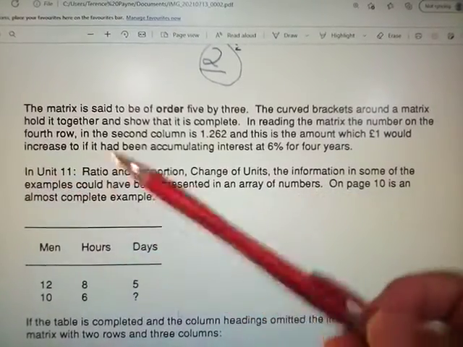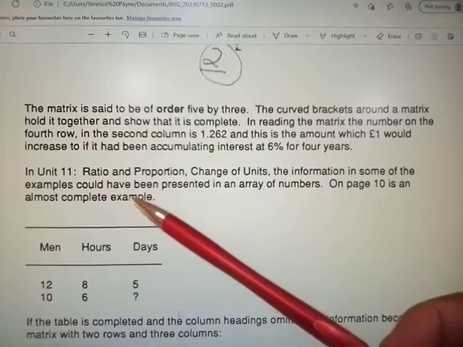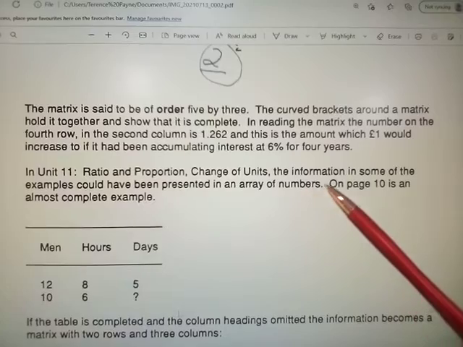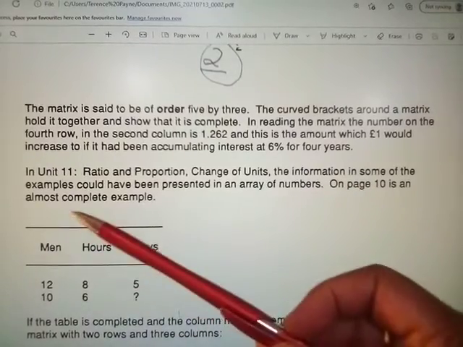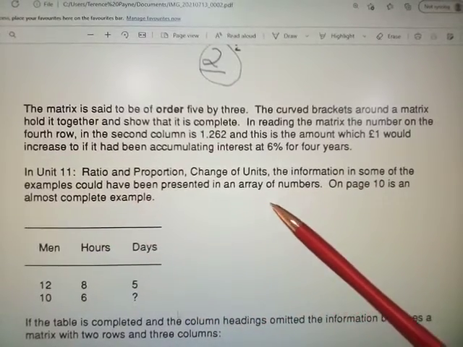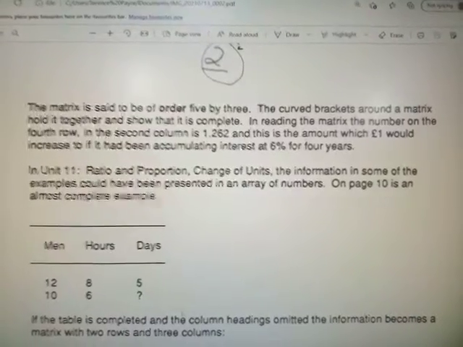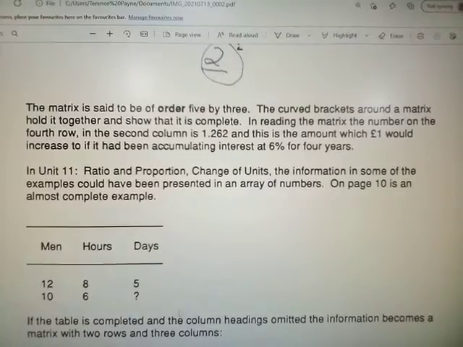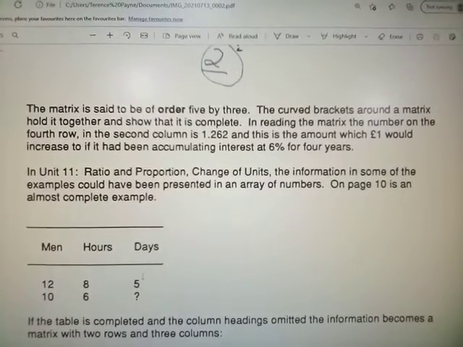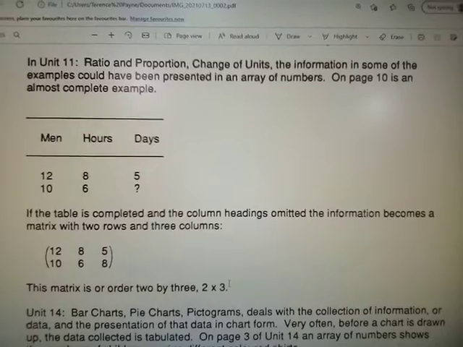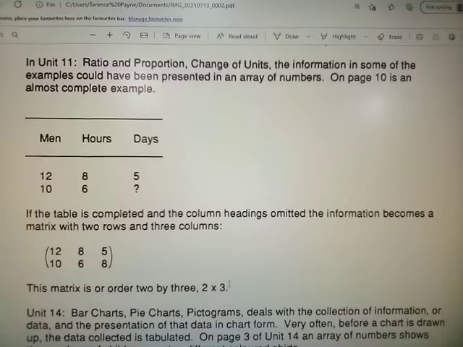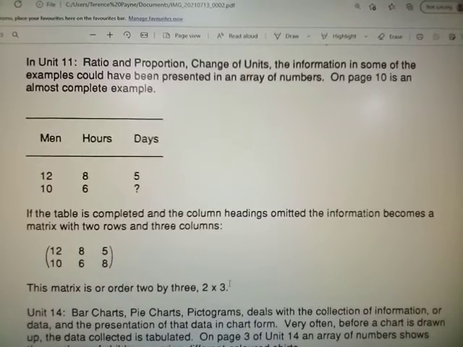In Unit 11, again just as a point of reference only, ratio and proportion, change of units, the information in some of the examples could have been presented in an array of numbers. All we're doing here is showing you how the information could have been presented: men, hours, days, etc. If the table is completed and the column headings omitted, it becomes a matrix with 2 rows and 3 columns.